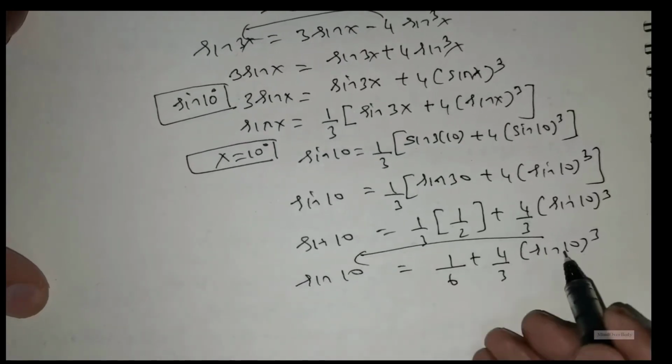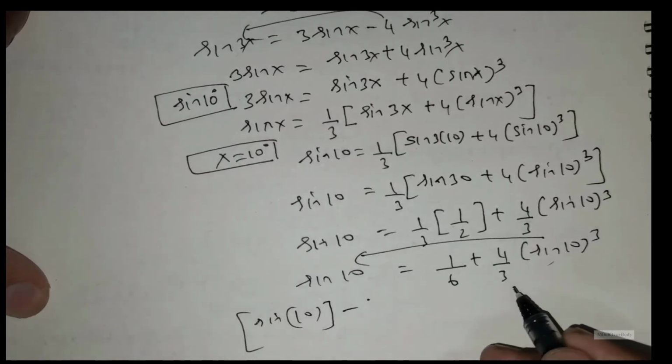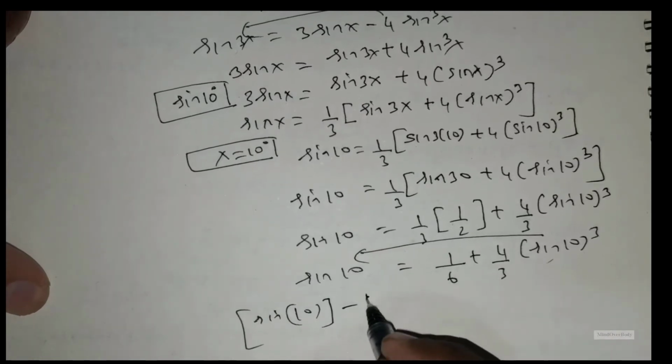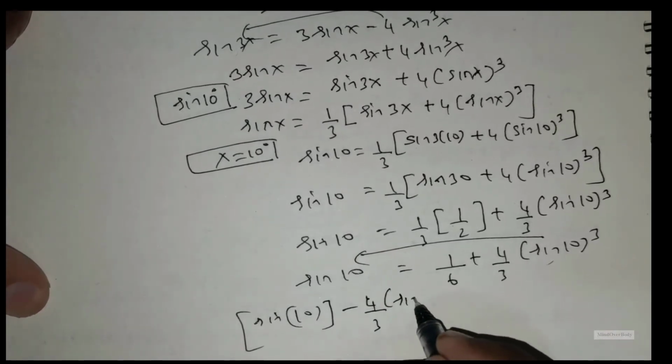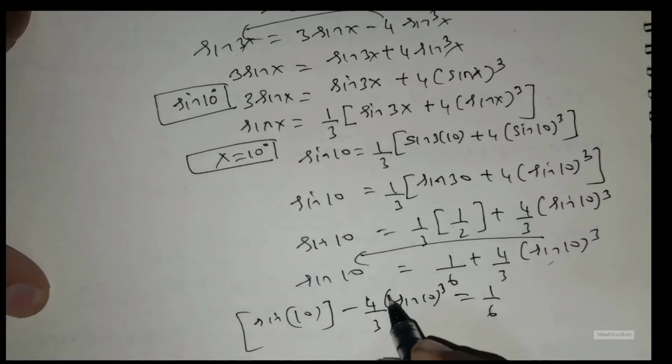Now let me move this quantity to the left, so that would give me sin 10 negative 4 over 3 of sin 10 whole cubed is equal to 1 over 6.